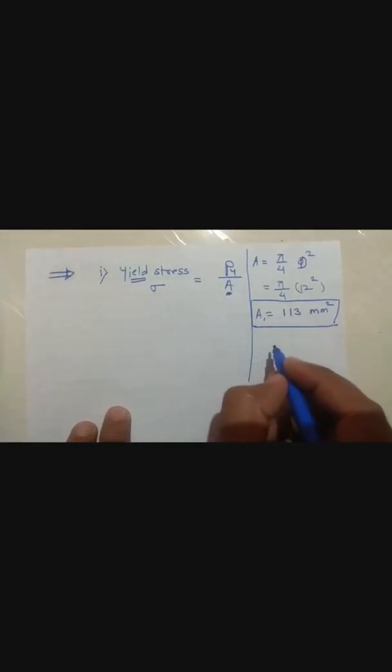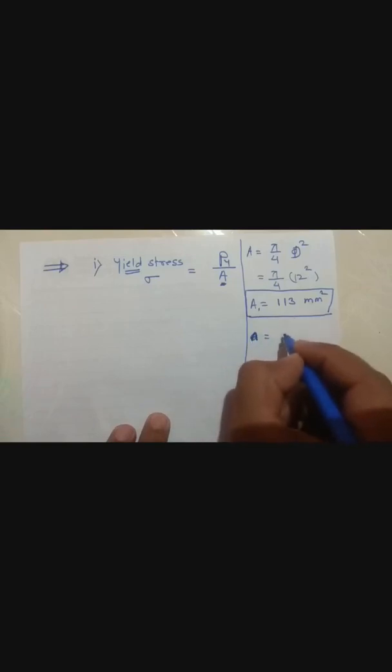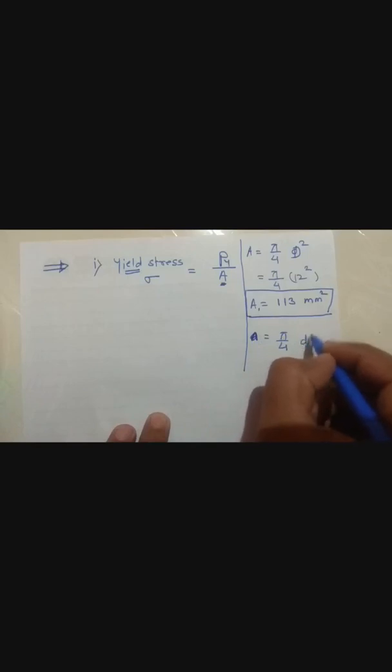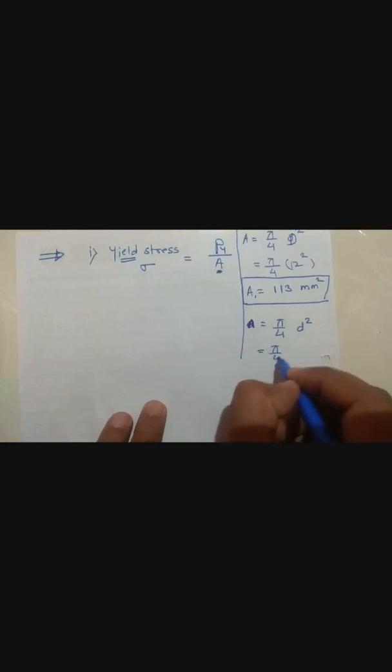Now after finding area A1, we have the second diameter also, and for that diameter, small a, or area 2, is equal to pi by 4 d square, that is small diameter which is 7 mm, is equal to pi by 4 into 7 square, which is 38.5 mm square. This is small a.